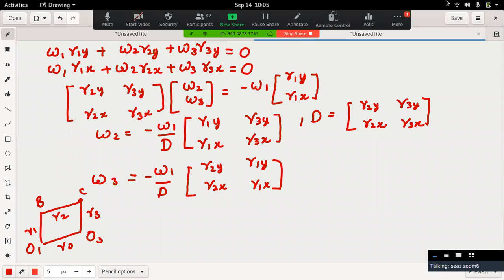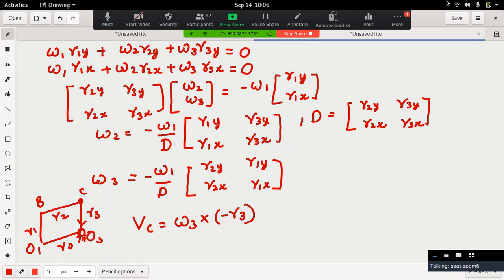Let's say we want to determine the linear velocity of point C. Because we know omega 3 and O3 is a fixed point, we know that V is equal to omega cross R. So VC is omega 3 cross minus R3, if we are considering this upside direction. So this direction thing you must take care of.